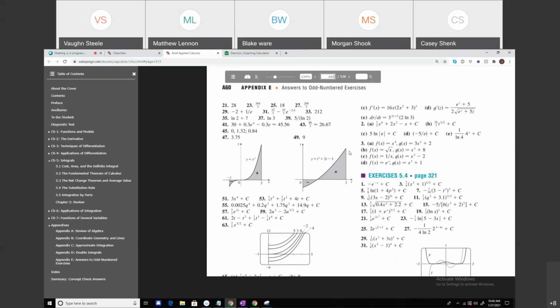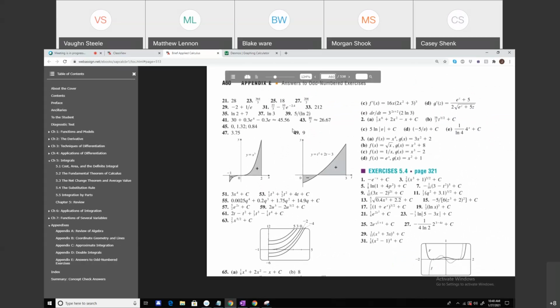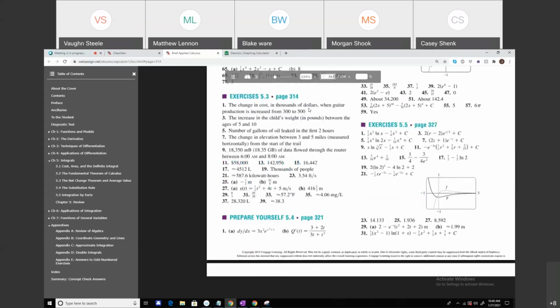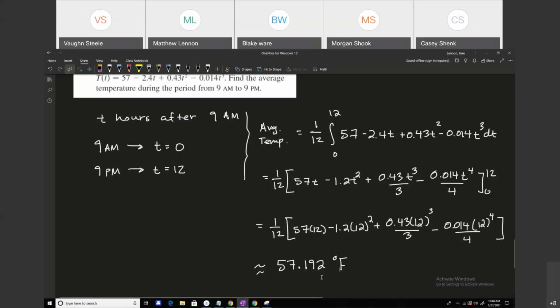Okay, so there we go. 5.3, 33. We got 57.2. So we got exactly the right answer. I mean, they rounded to one decimal place. Ours is a bit more, didn't round as much, but for all intents and purposes, that's the answer.